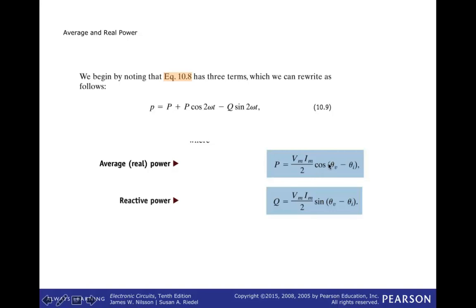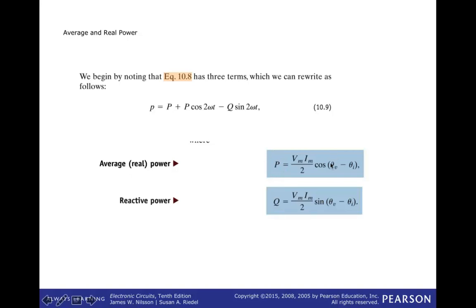As a general rule, the power factor is going to give us an indication of how much power we can actually get out of the system. So the closer theta V and theta I are together, the closer this is to 0, then the closer I am to having all P and no Q, which means I get most of the power out of my system.